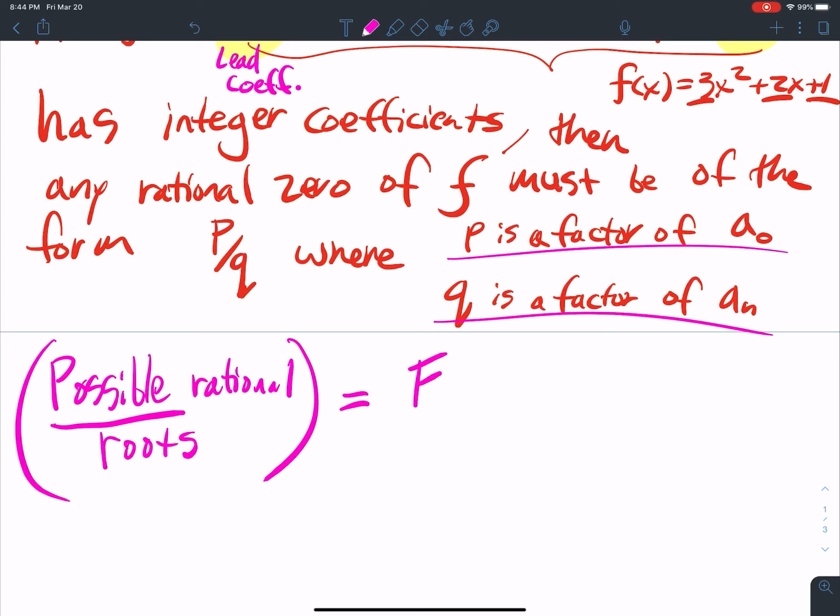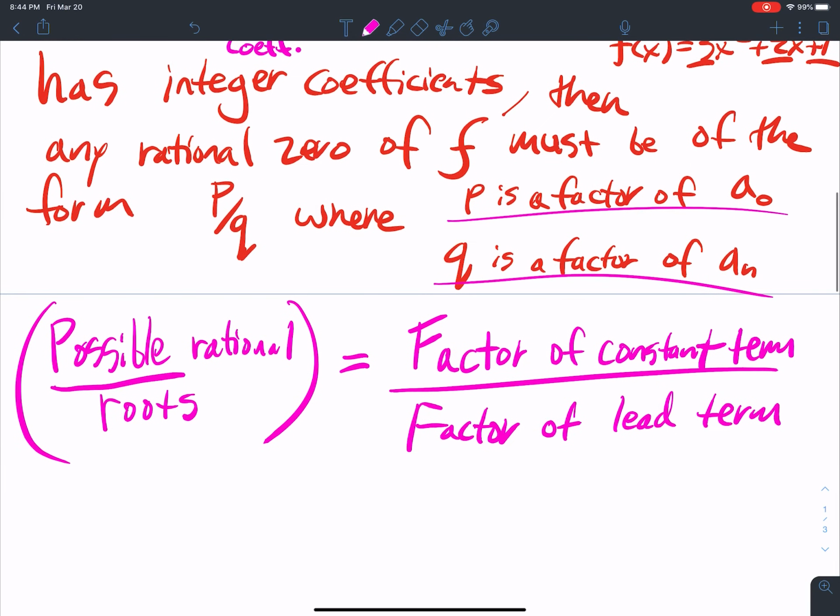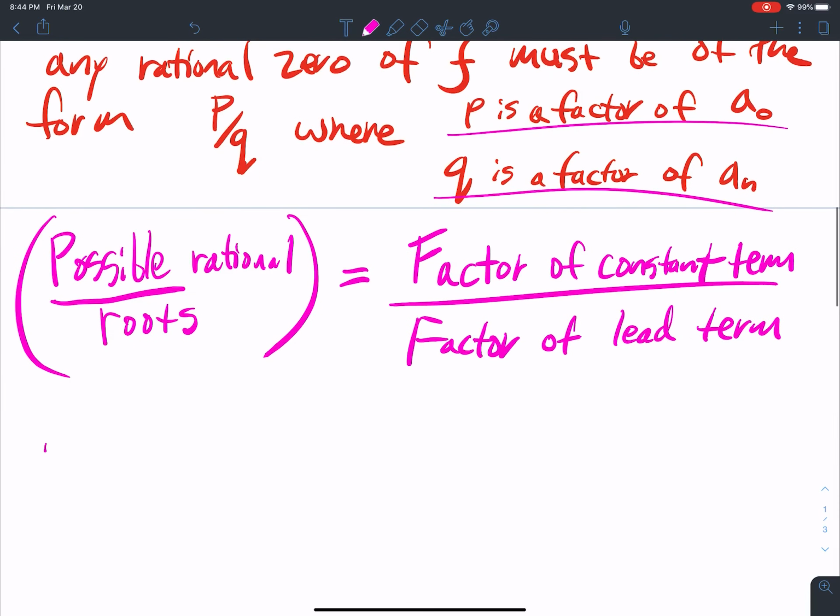So I have a factor of the constant term divided by a factor of the lead term.